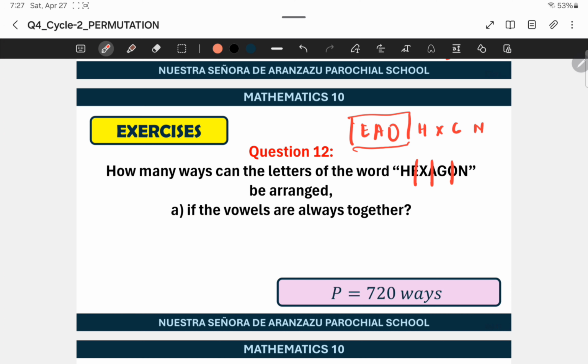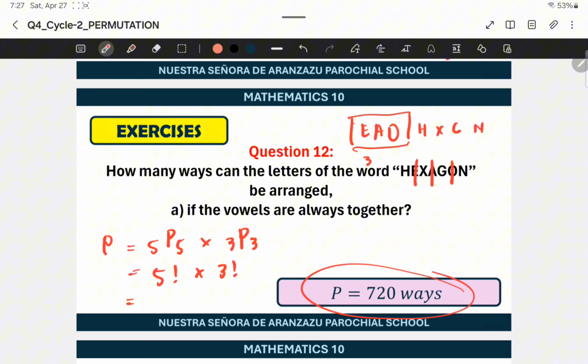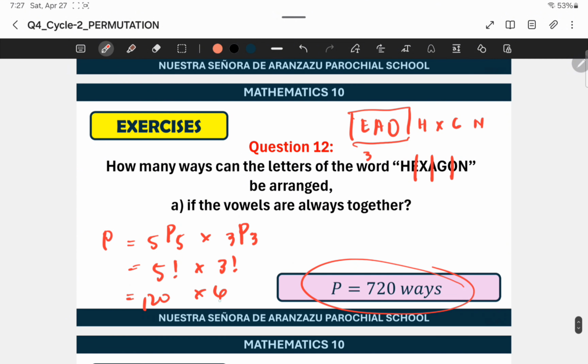You have 5. So, that is 5P5 or 5 factorial. Then, kunin yung arrangement ni EAO na magkakasama. So, that is 3 factorial or 3P3. So, 5 factorial times 3 factorial, that is equal to 720. Or 120 times 6.